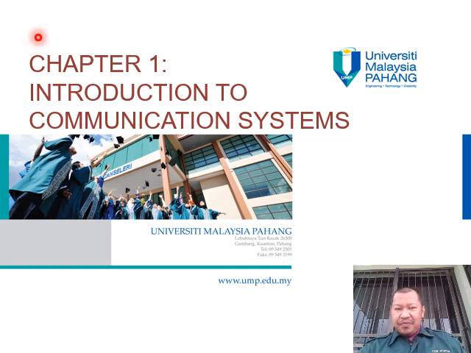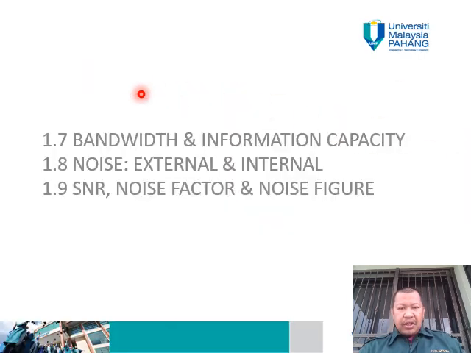How are you? So we meet again for another part in chapter 1, the introduction to communication systems. Today our topic will cover from 1.7 to 1.9, which cover bandwidth and information capacity, noise, signal to noise ratio, noise factor and noise figure.